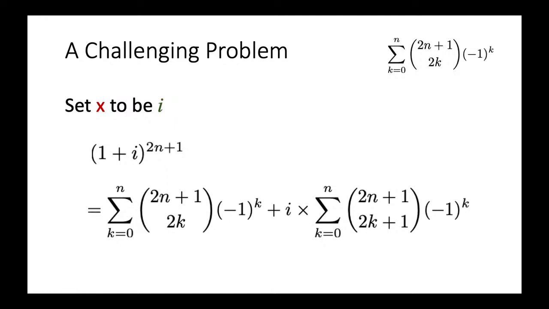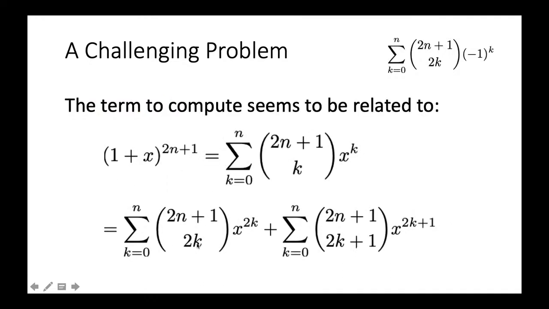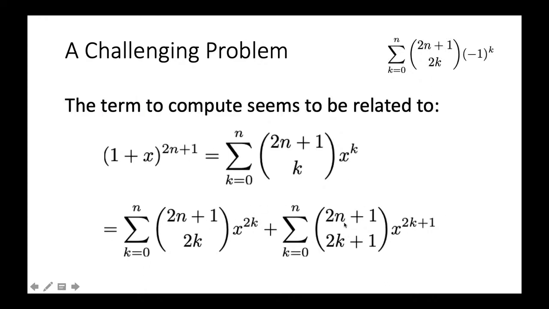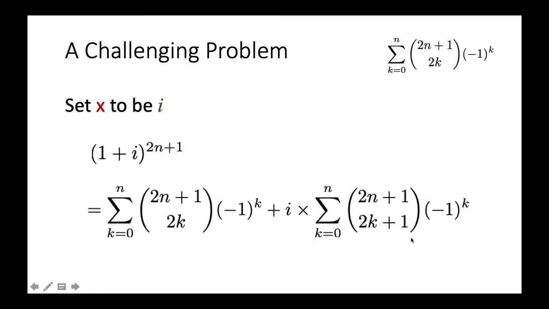So by setting x to be i, we will get (1+i)^(2n+1) is equal to, so we copy the same formula from the previous page, except that x^(2k) is changed to (-1)^k. And for this one, x^(2k+1), we take away one x outside, so it is i, and then x^(2k), which is (-1)^k. So we will have something like this.